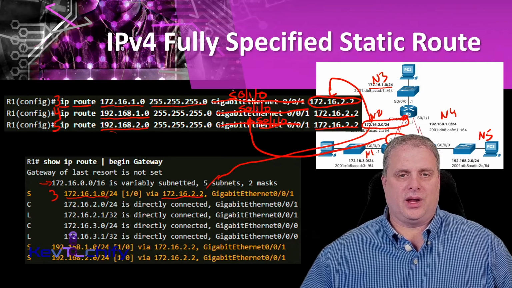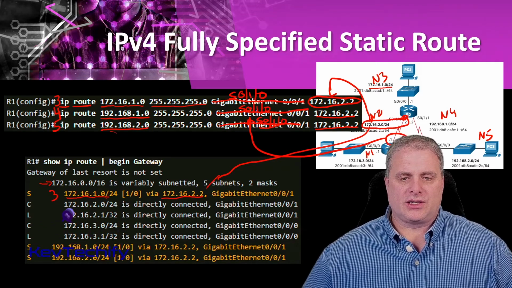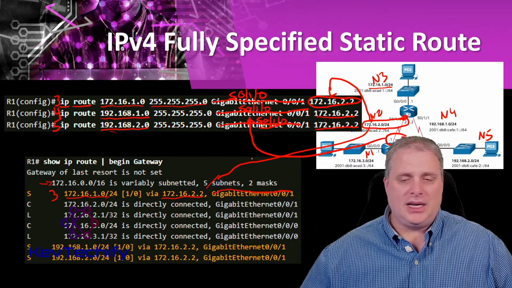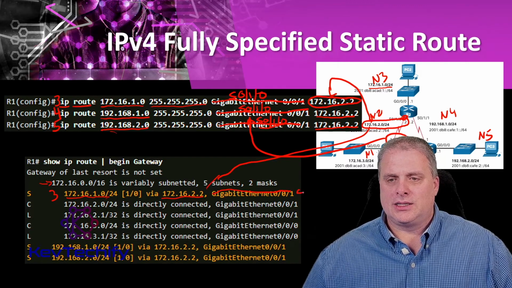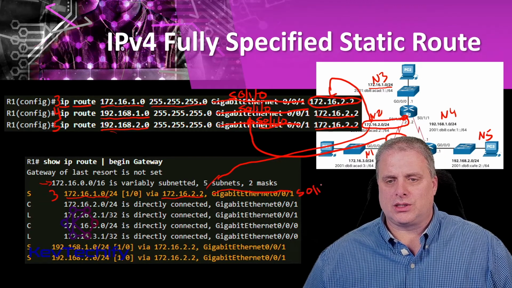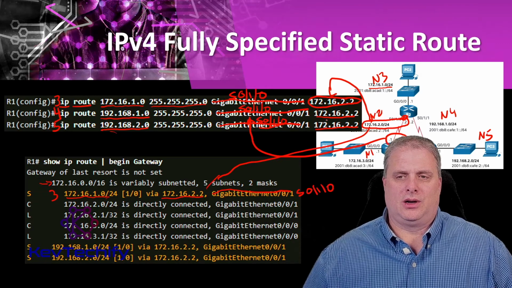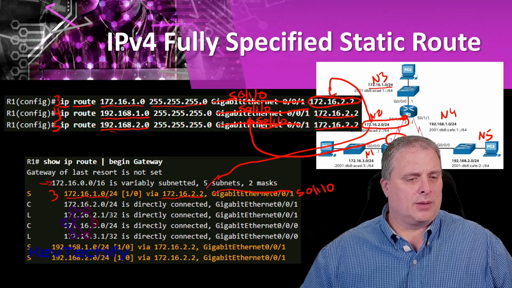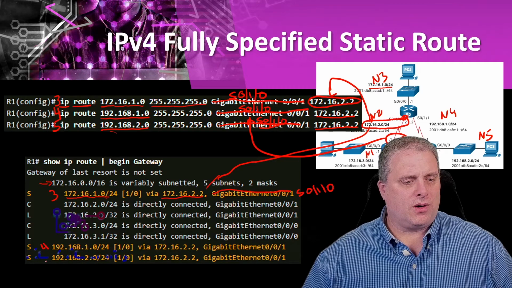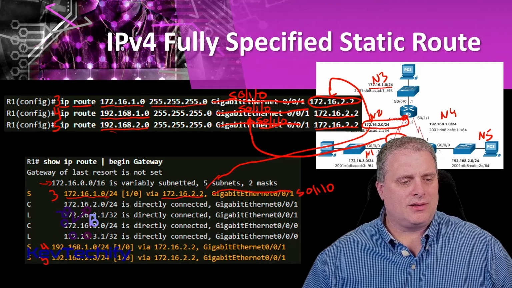Because we entered it wrong up here, it's giving us the wrong information, but this should be serial 0/1/0. Coming down here, this is network 4 and network 5.